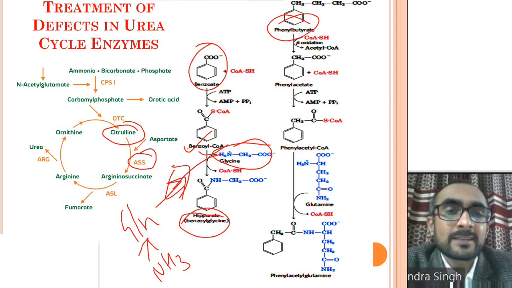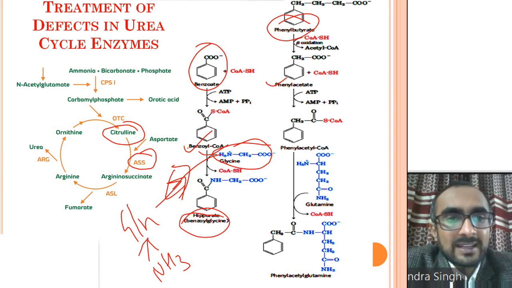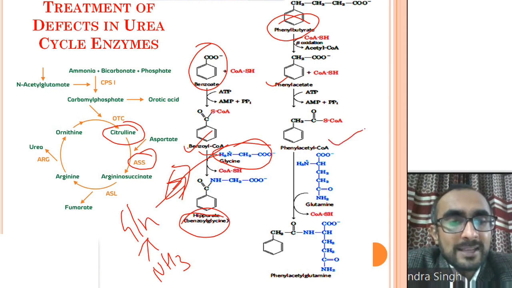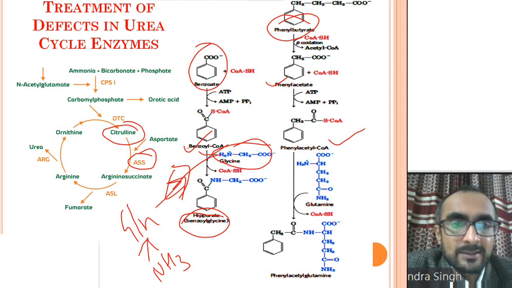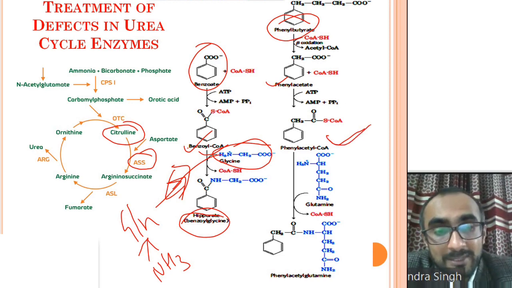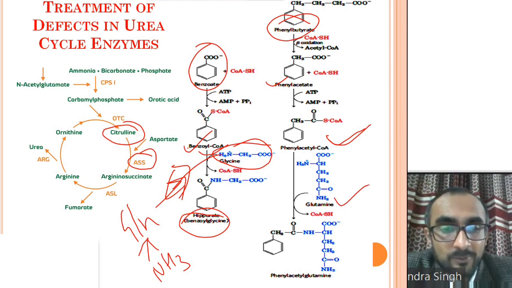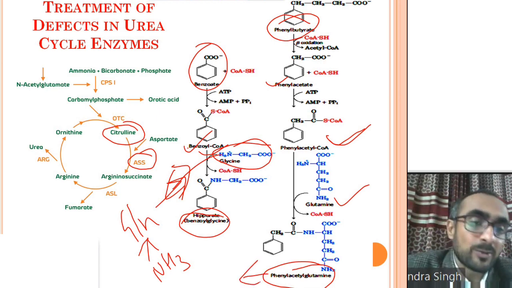And the second molecule, phenylbutyrate, this drug is converted into phenylacetate by beta oxidation reactions, and phenylacetate is converted into phenylacetyl coenzyme A, which also uses one ATP molecule. And now this phenylacetyl coenzyme A reacts with glutamine directly, and it forms phenylacetylglutamine, and this phenylacetylglutamine is also secreted out of the body in urine.